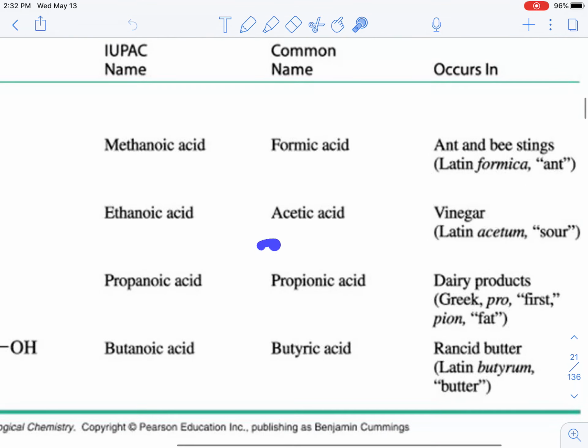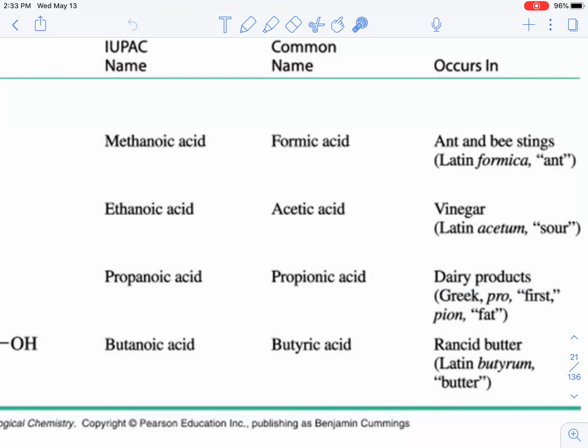For a 3 carbon carboxylic acid, the common name is propionic acid, and it's typically found in dairy products.